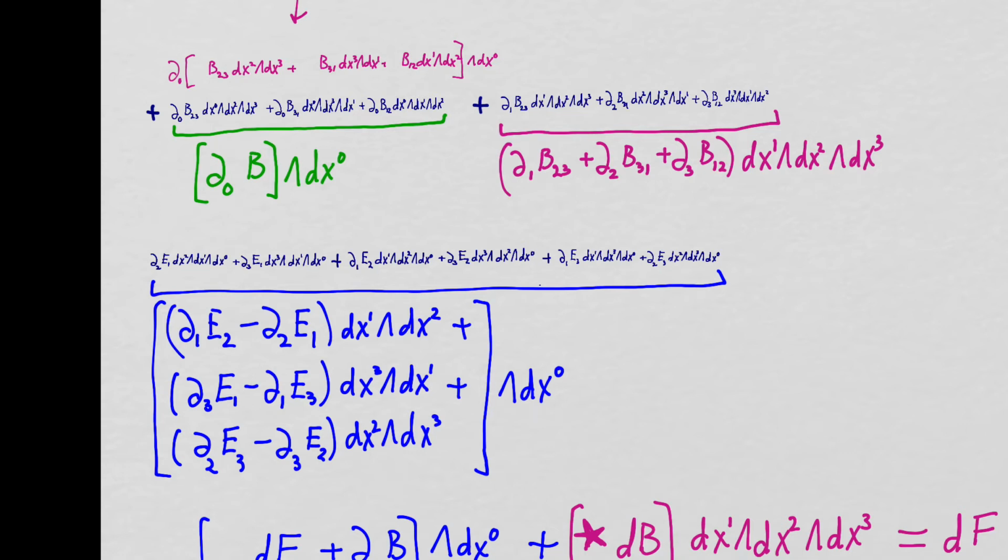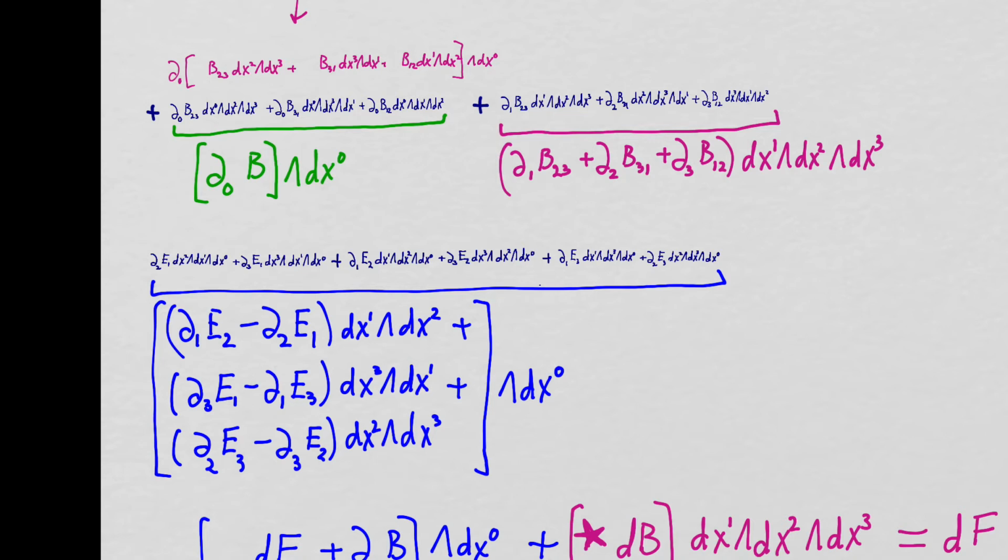Now, we know from Maxwell's equations that the divergence of the magnetic field is 0. And that's exactly what this is. These are the components of the magnetic field vector inside this little thing here. And therefore, we know that this has to be equal to 0.